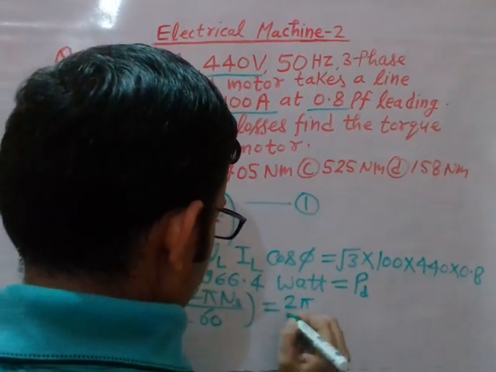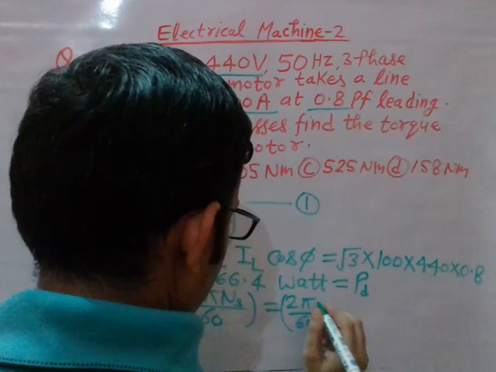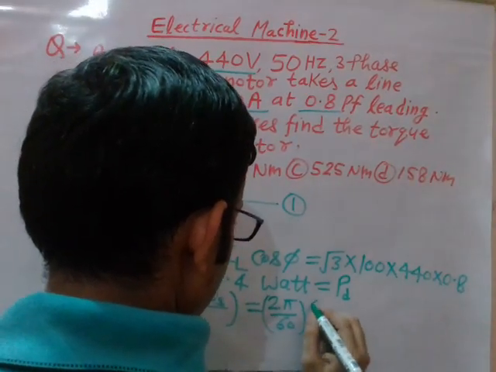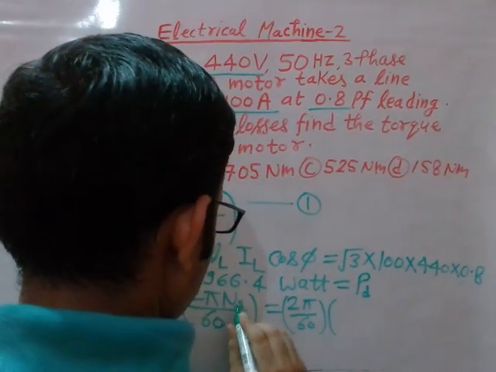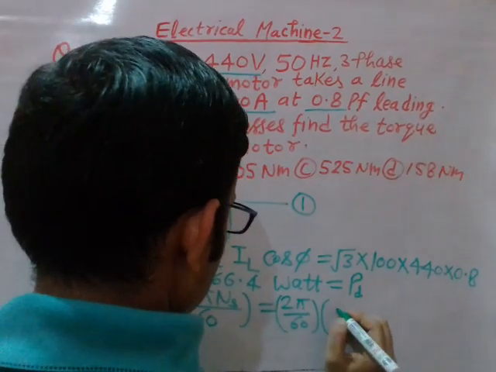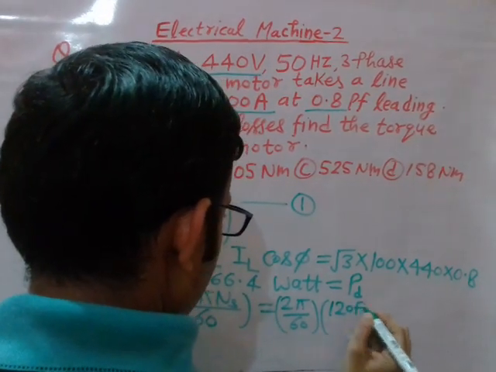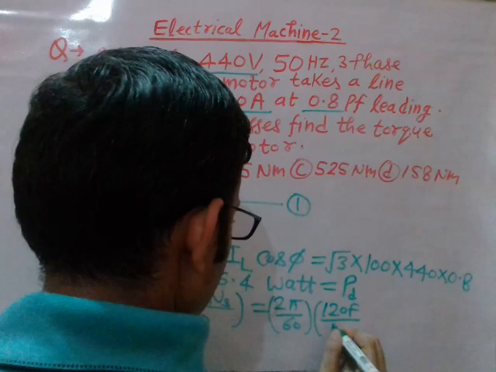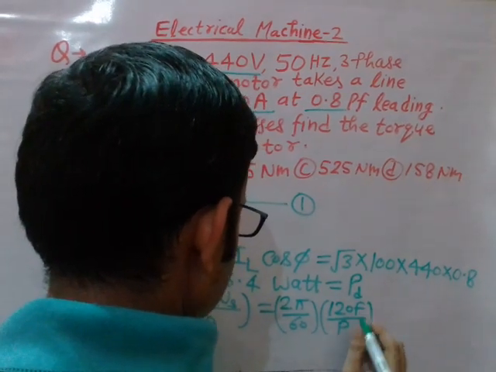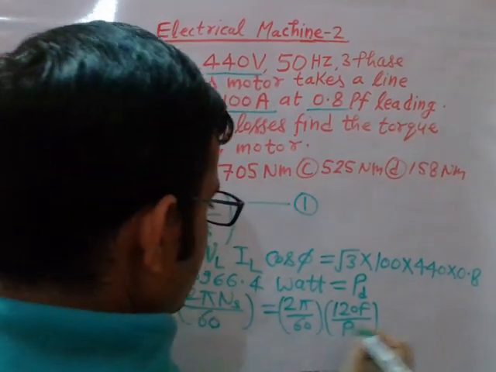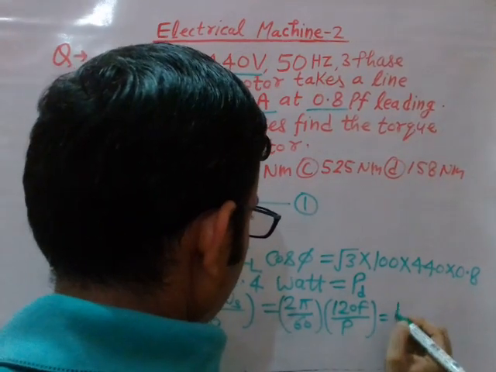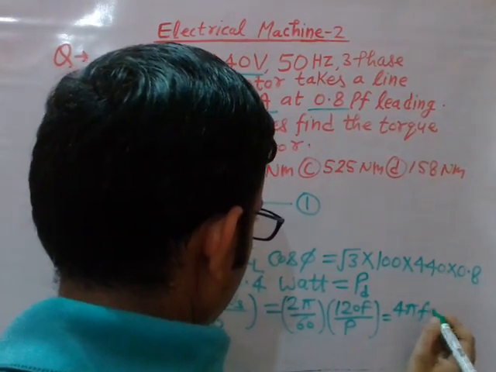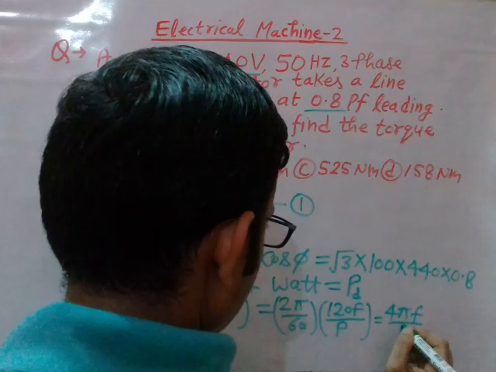Ns is in revolutions per minute, and Ns is 120 f by p, where f is the supply frequency and p is the number of poles. So when you solve this, you will get 4 pi f by p, right?